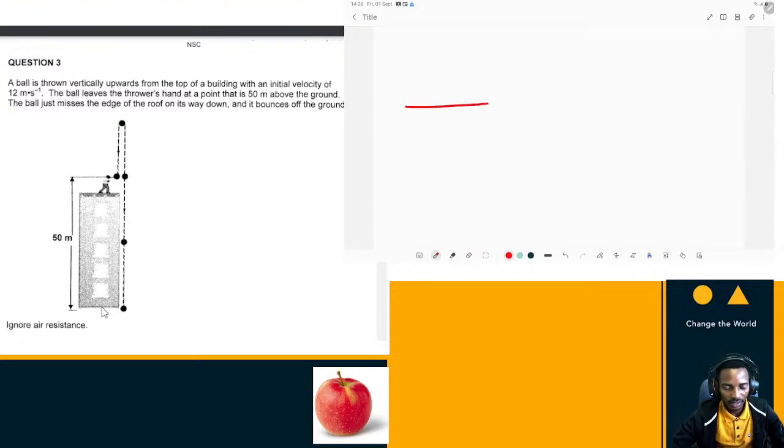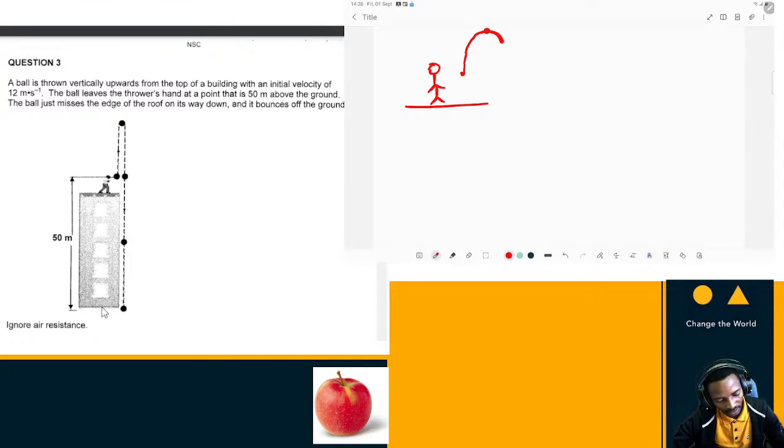All right. So let's try to analyze this scenario. So we have a thrower here. So this thrower throws a ball with an initial velocity of 12 meters per second. So the ball's velocity is decreasing up until it reaches maximum height, and at maximum height the ball's velocity is 0.